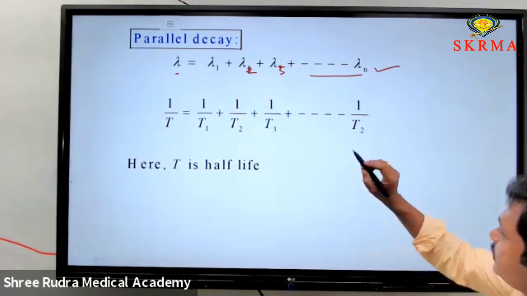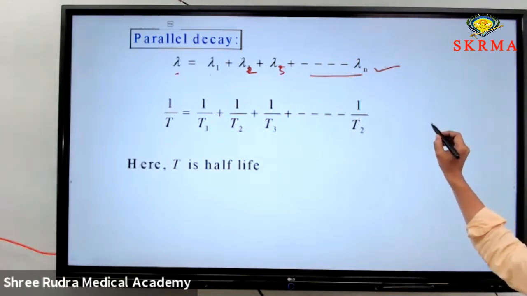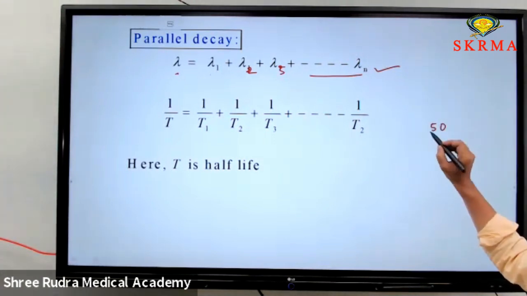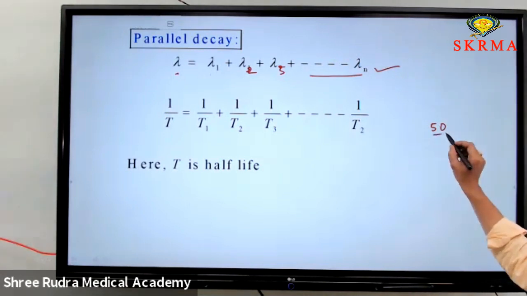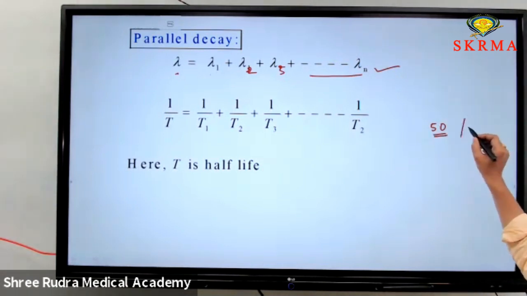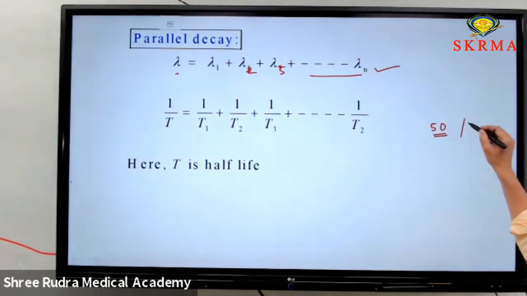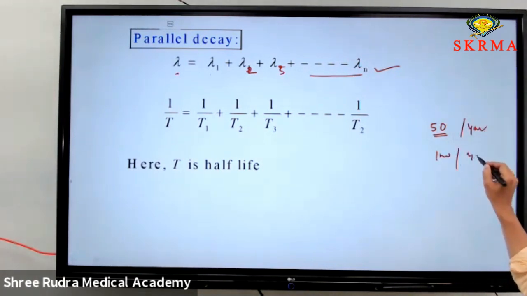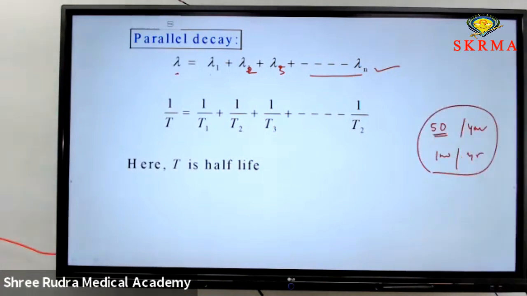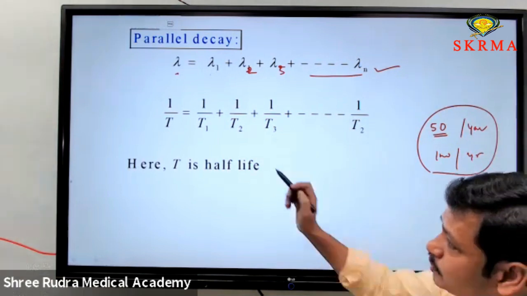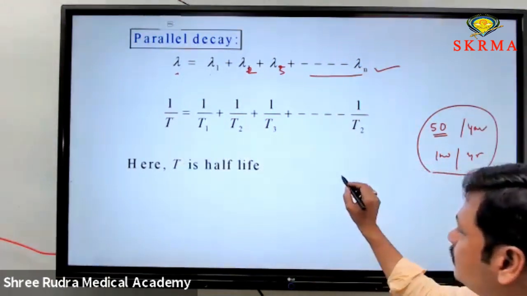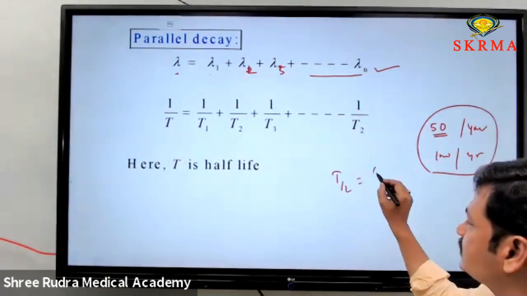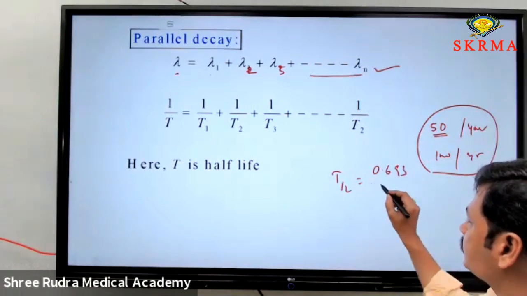Sometimes the decays are given like this: suppose the decay constants are 50 per hour and 100 per year, and the total decay constant is obviously 150. The decay constant is inversely proportional to the half-life, because T half is equal to 0.693 by lambda.